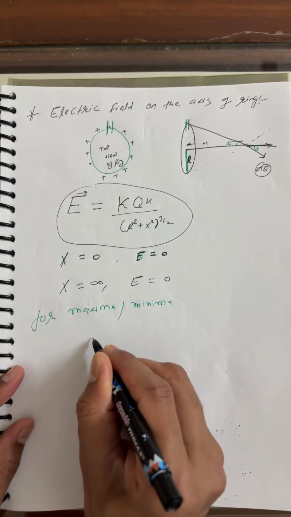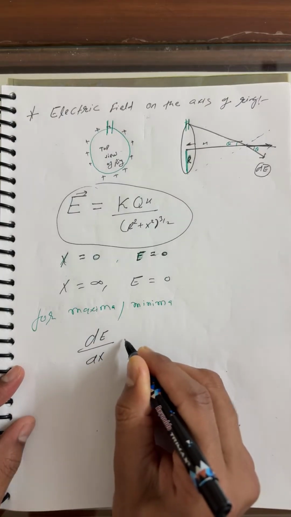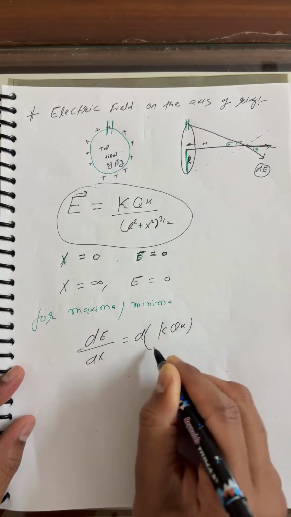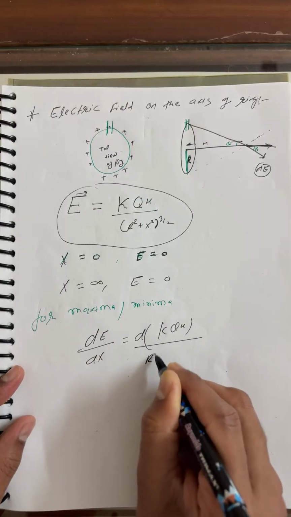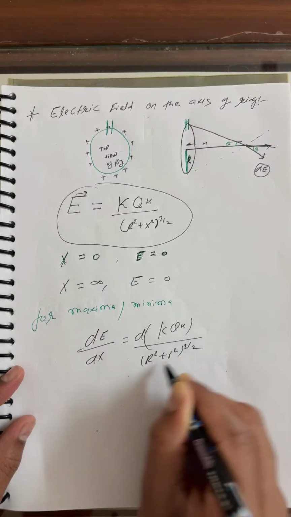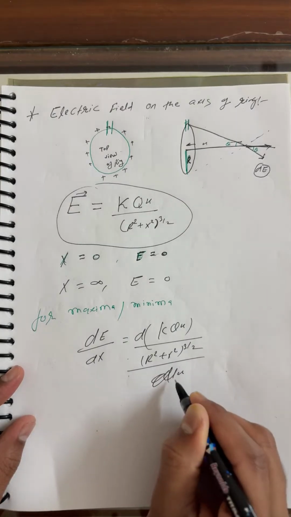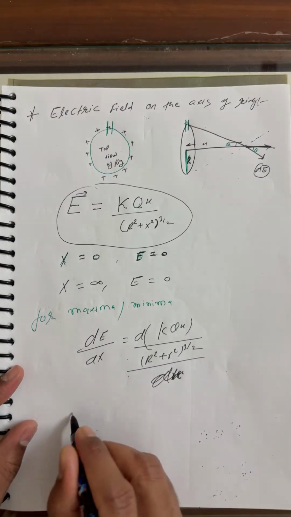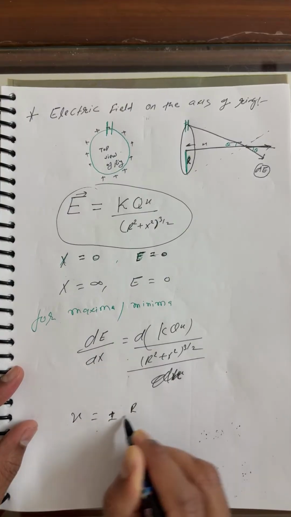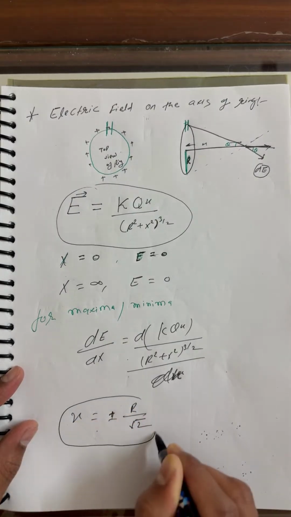So differentiate this electric field with respect to x: d by dx of kQx upon (R square plus x square) to the power 3 by 2. If we differentiate, then you will get x equals plus minus R by root 2. As I said, I will not derive any result here.